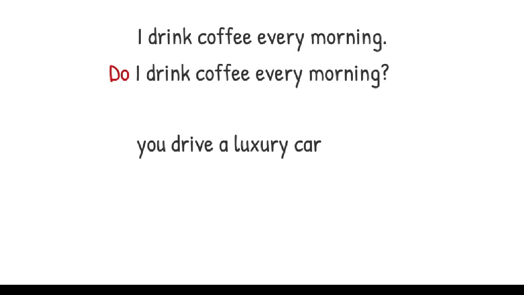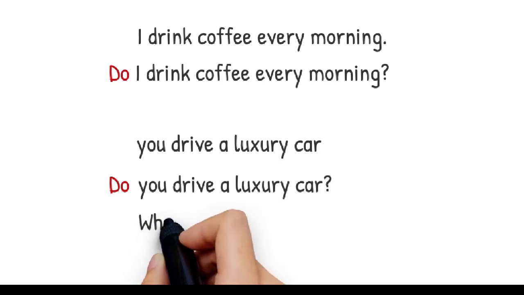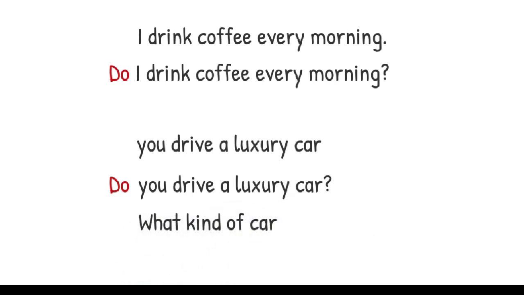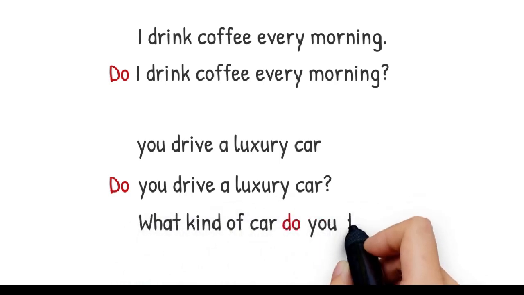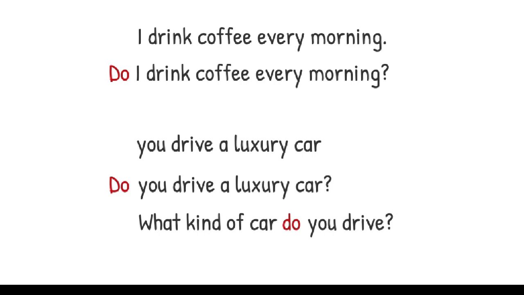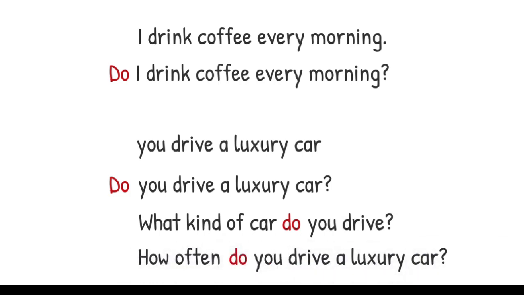To make a question, we put do before the subject you. Do you drive a luxury car? Or what kind of car do you drive? How often do you drive a luxury car?